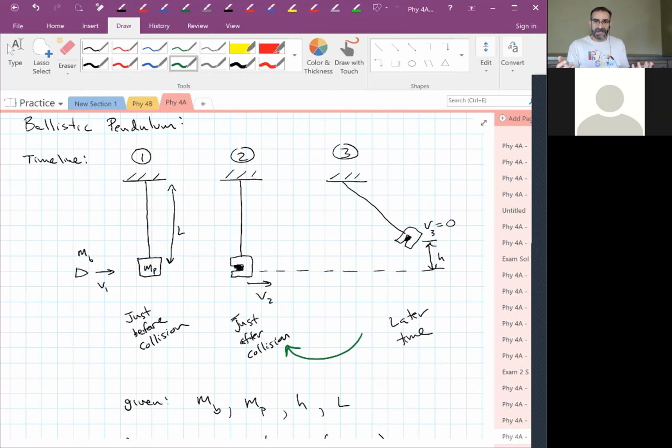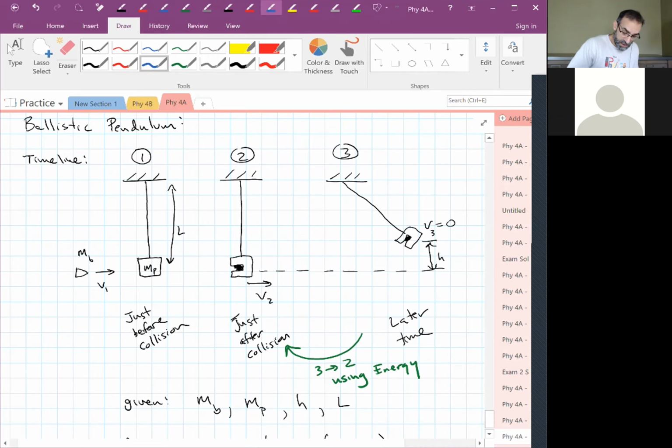That's just an energy conservation problem. So going from 3 to 2 using energy, that'll tell us what V2 is. Once we know V2, how do we get through a collision? Momentum. So we can go from 2 to 1 using momentum.